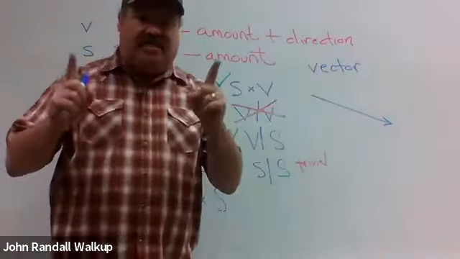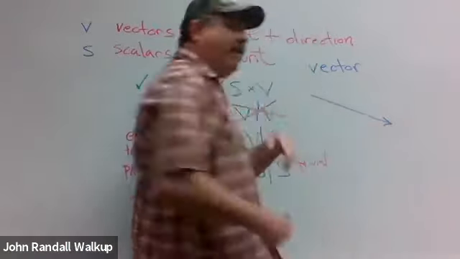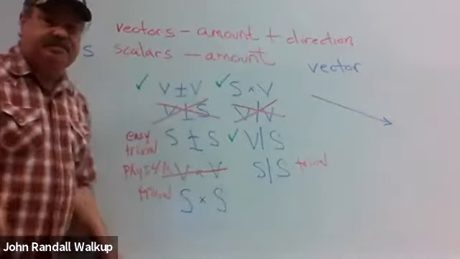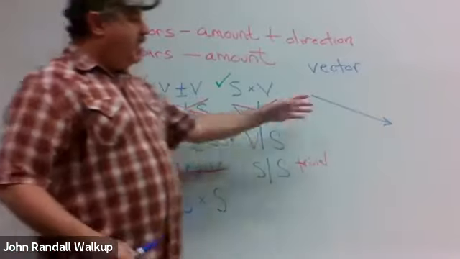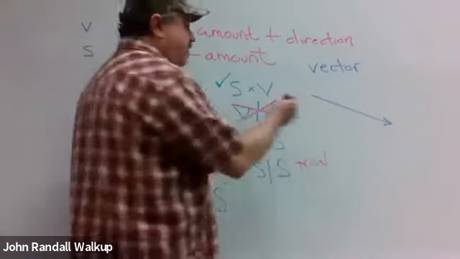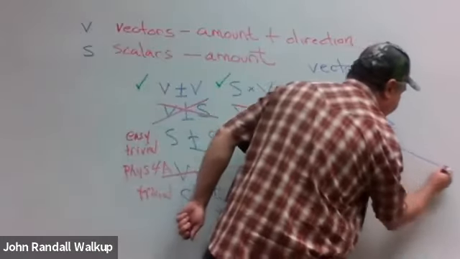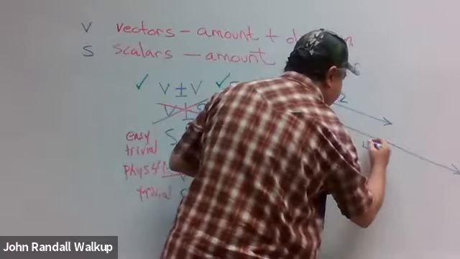The length of this arrow, the physical distance here, is a representation of the amount, the magnitude. So in other words, if this is 2, then this would be a length of 4.